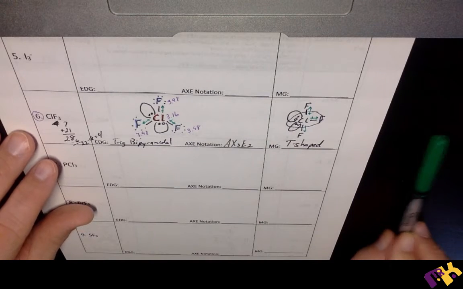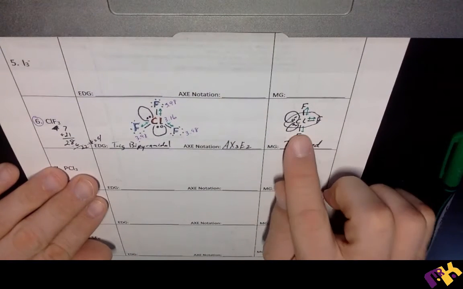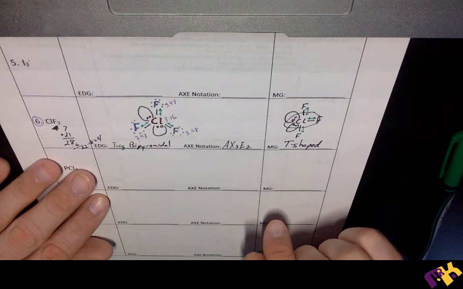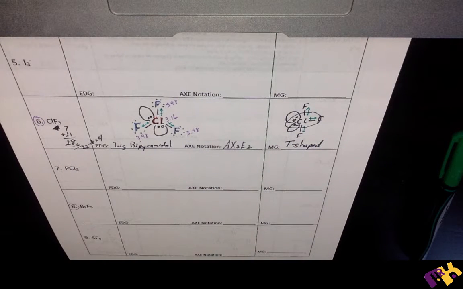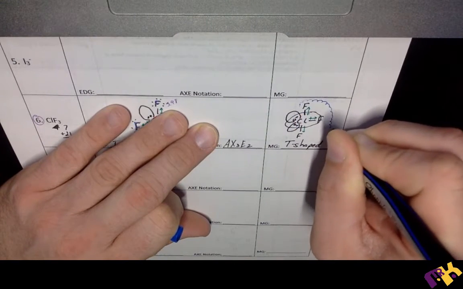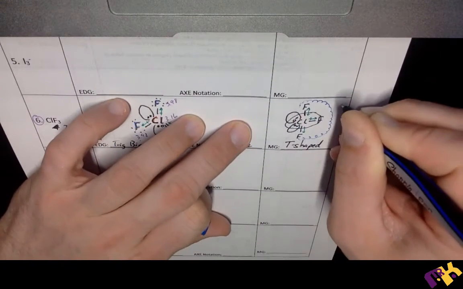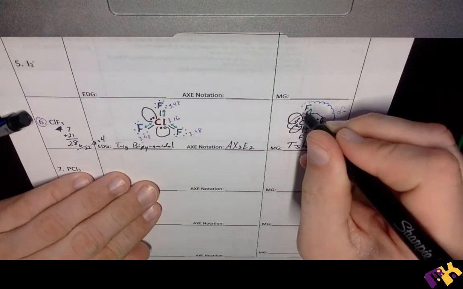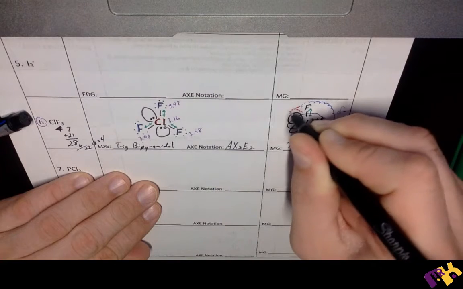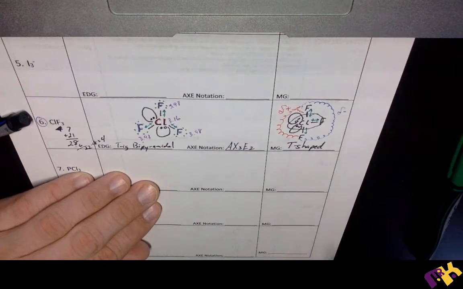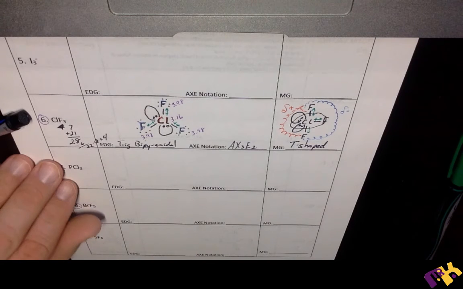I think it'll be easiest if I use the 3-dimensional structure to show where that will happen. Around the fluorines, we're going to have that partial negative charge. And on the chlorine side, we're going to have that partial positive end to the molecule.